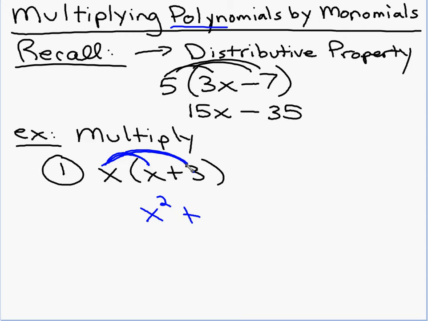Just 3x, isn't it? Yes. There's your answer. That problem's done. I can't do anything else with that because those two terms are not like terms. I can't combine them. All right? Let's do several more here.